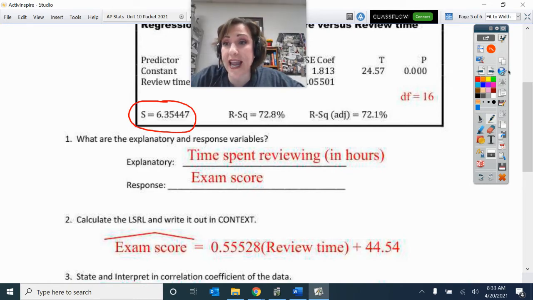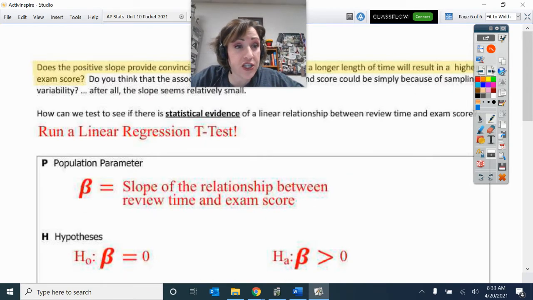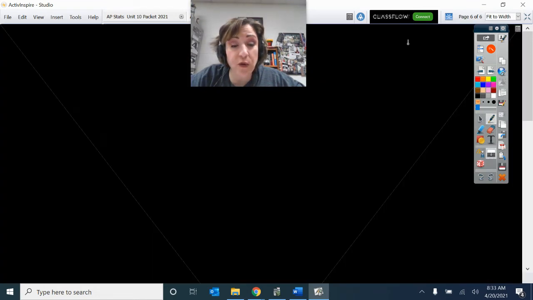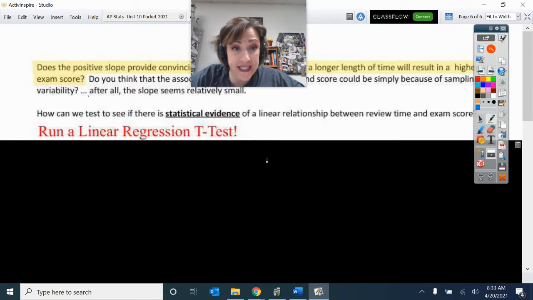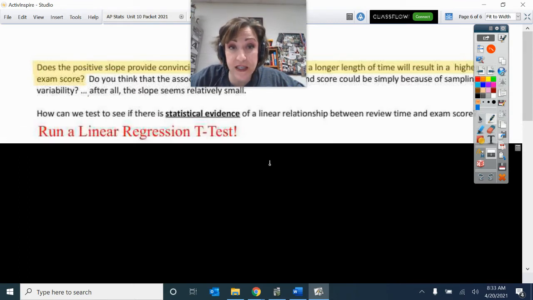Now, on the top of the next page: does the positive slope provide convincing evidence that longer review time will result in a higher exam score? They're asking if there's basically a positive relationship between review time and the exam score. So we need to get statistical evidence.